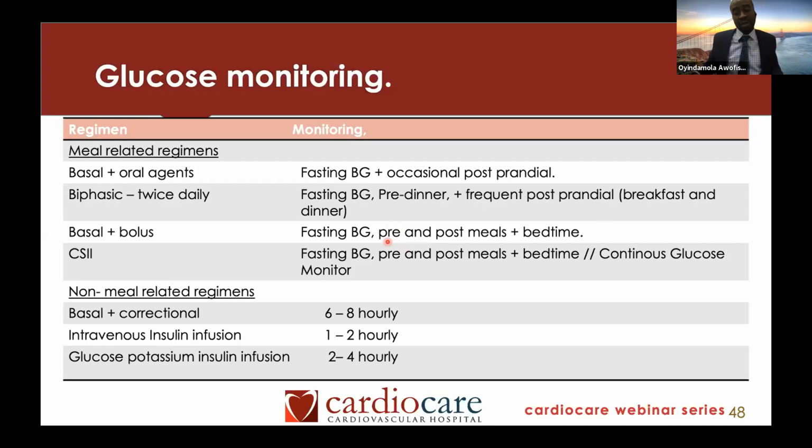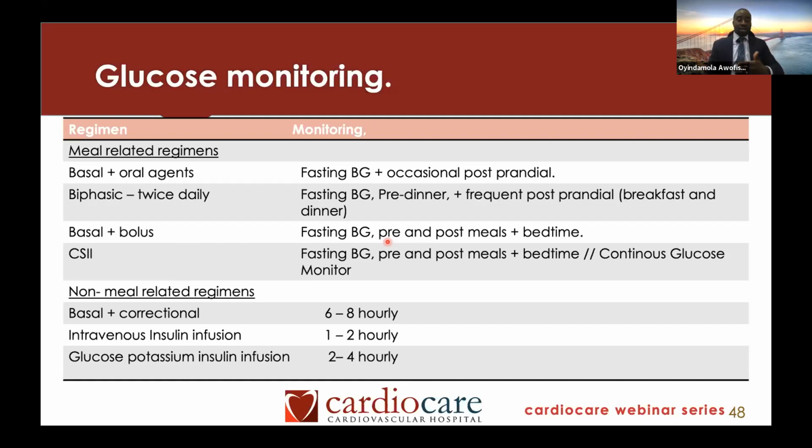For people on continuous subcutaneous insulin infusion, they should check at least as frequently as people on basal bolus insulin. But if it's possible for them to get a continuous glucose monitor, which I'm not really going to go into in this presentation, but basically it's just like the continuous insulin infusion form that is worn on the patient. The continuous glucose monitor has a needle that goes in the subcutaneous tissue and continuously or intermittently checks the patient's blood glucose level.